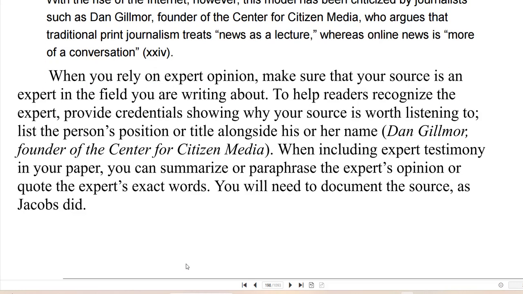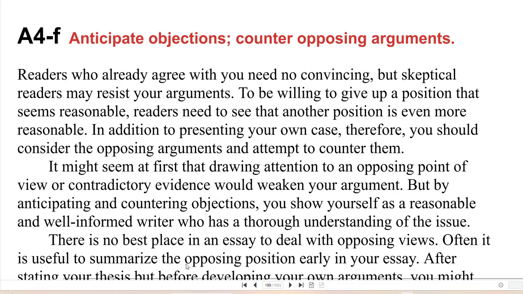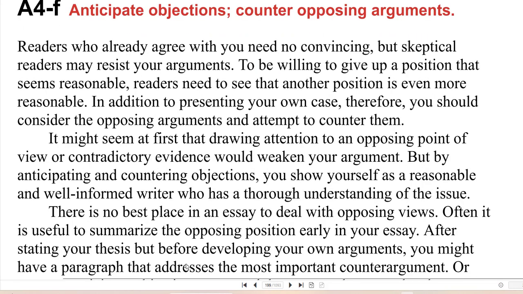To help readers recognize the expert, provide credentials showing why your source is worth listening to. List the person's position or title alongside his or her name. When including expert testimony in your paper, you can summarize the expert's opinion or quote the expert's exact words. And that's known as a direct quote. Whenever you quote verbatim, that's a direct quote.